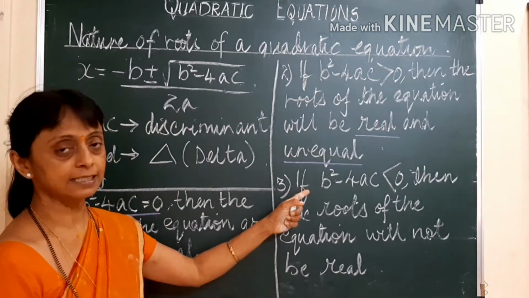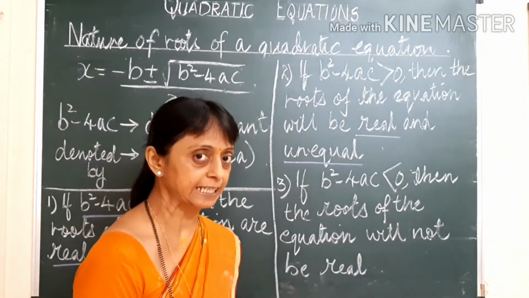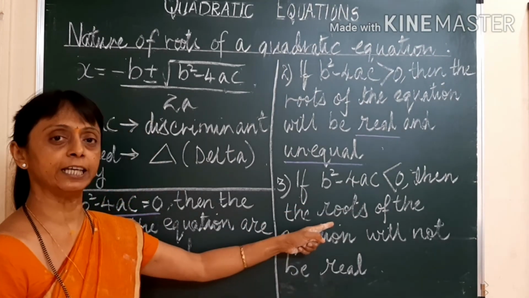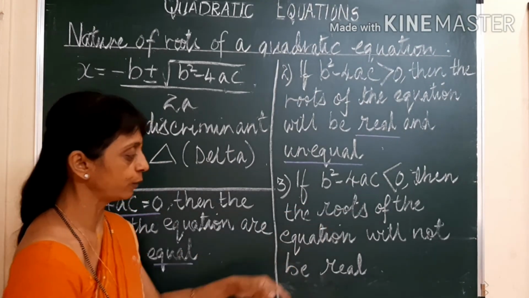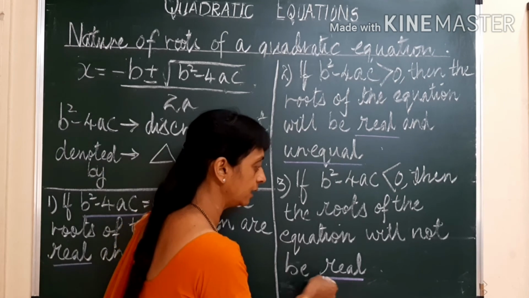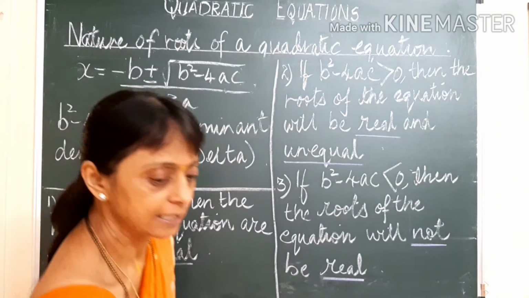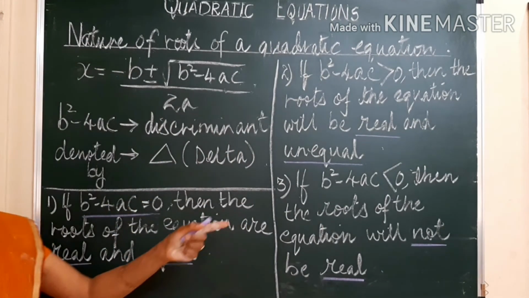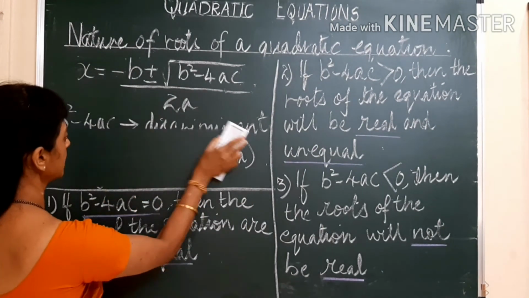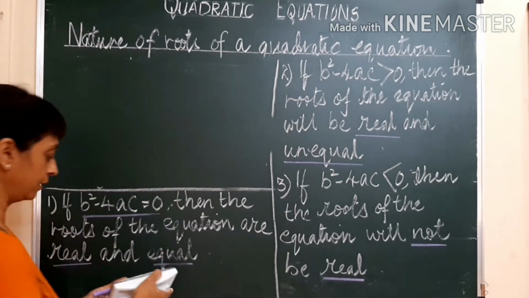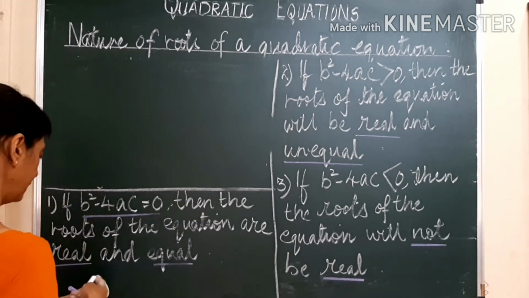And in the last case, if delta is less than 0, then the nature of roots of the given quadratic equation will not be real at all. Yes, children? Now let's take examples and write down the nature of the roots once the value of the discriminant is given to you.